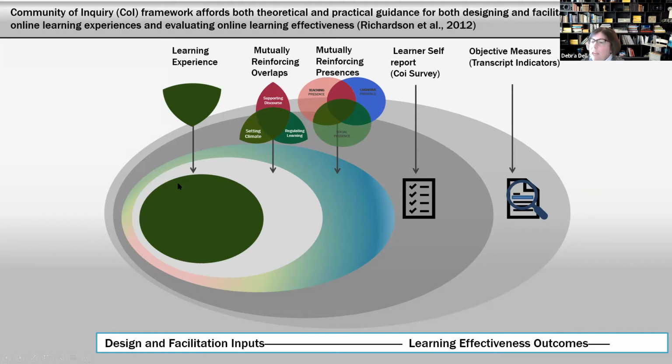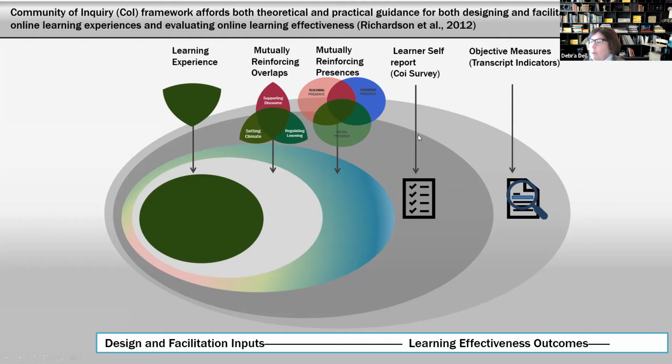So thinking about the learning experience as the core, moving out to what looks like a propeller, and in my mind acts like a propeller, to propel the supporting of discourse, the setting of climate, and the ways that through facilitation and co-facilitation of peers, we can help to both regulate others and regulate our own learning. And then that brings us to the mutually reinforcing overlaps.